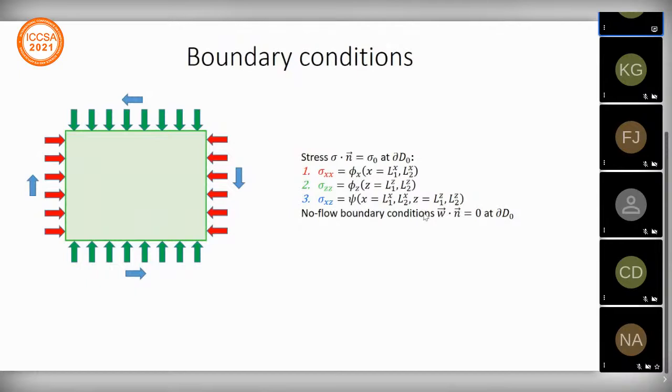So we apply the stresses from the sides, trying to squeeze the sample, and so the 3 standard loadings which can be reproduced in laboratory.